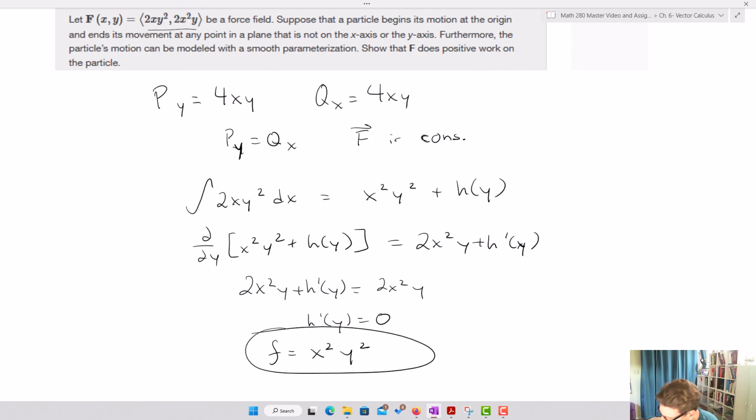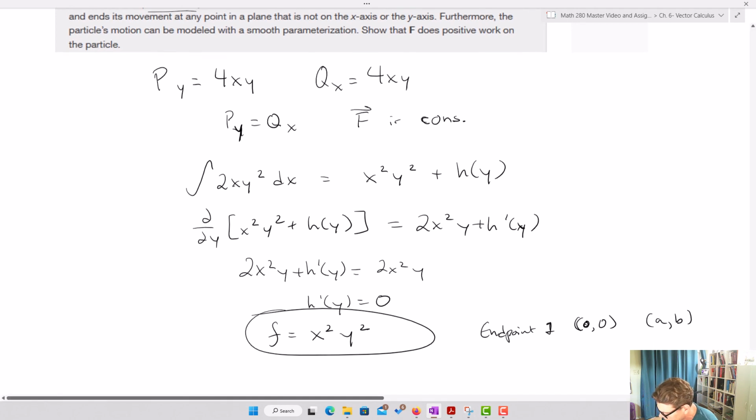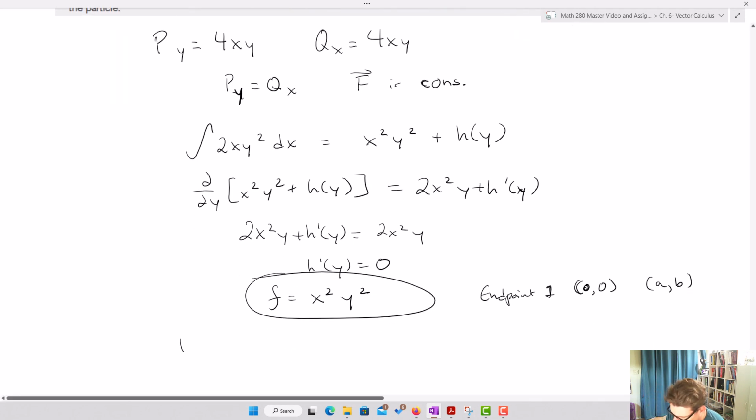So we're going to have one endpoint at 0, 0. That starts at the origin. And then we'll choose another endpoint. We'll call that another endpoint (a, b). That's my second endpoint. So by the fundamental theorem of line integrals, FTLI, we'll get f of 0, 0 minus f of (a, b), and that equals the work, which is F dot dr, along any path.